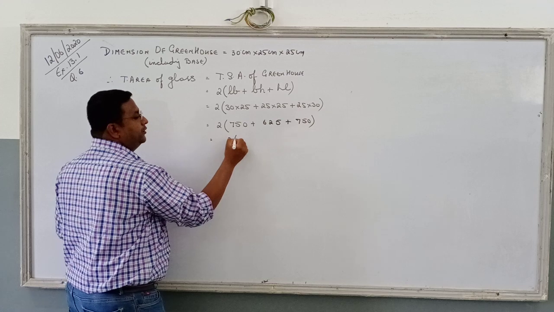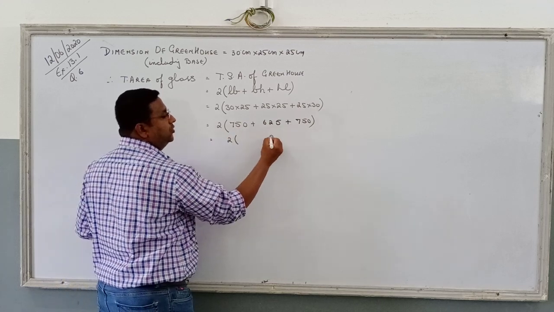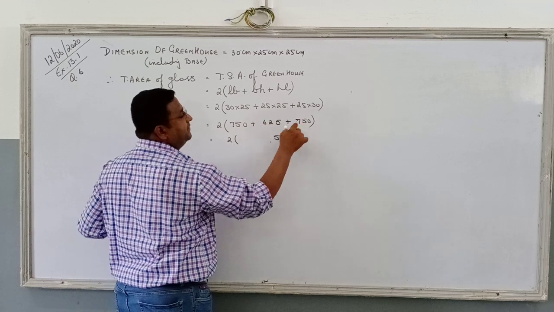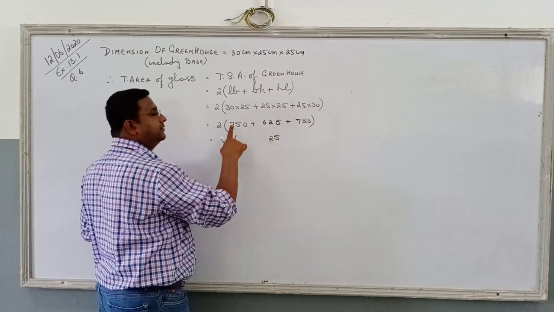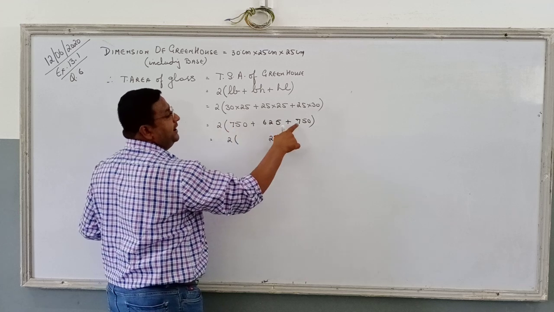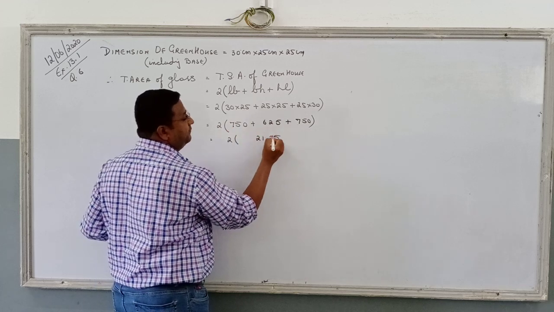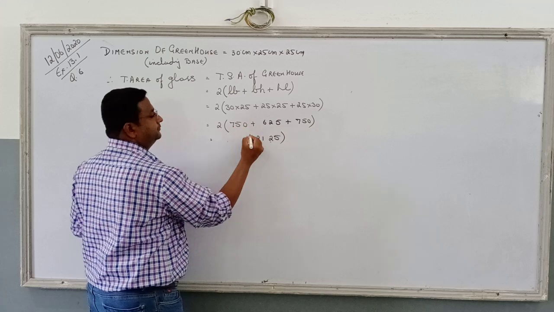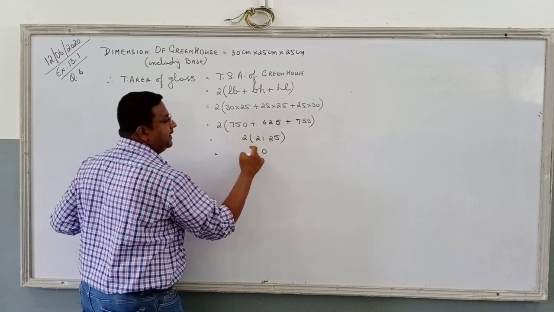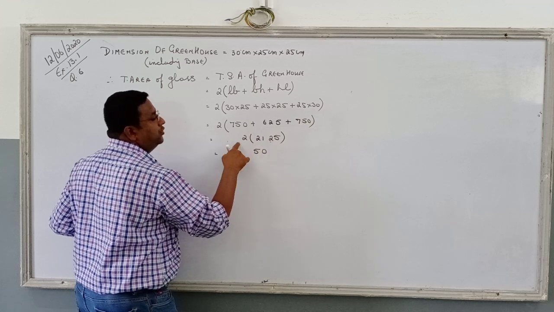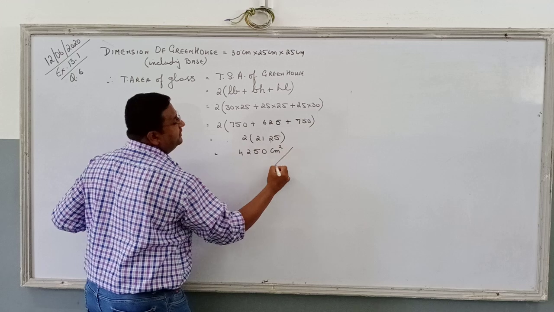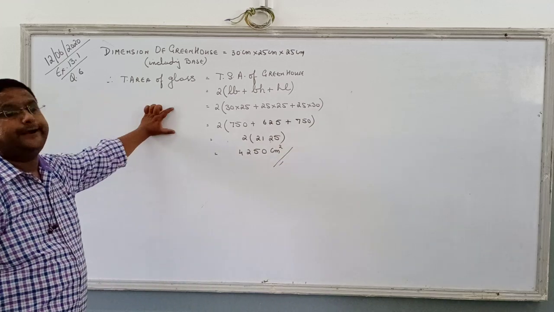So 750 plus 625 plus 750 is 2125. Multiplied by 2, we get 4250 centimeter square. This much area of glass is required.